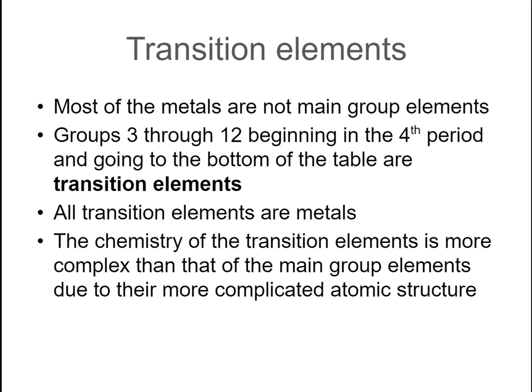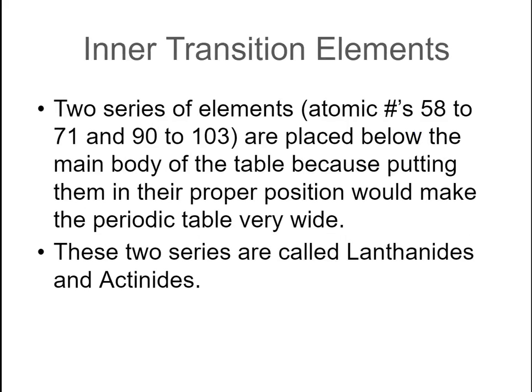You will have learned this earlier. All transition elements are metals. The chemistry of the transition elements is more complex than the main group elements due to the more complicated atomic structure.